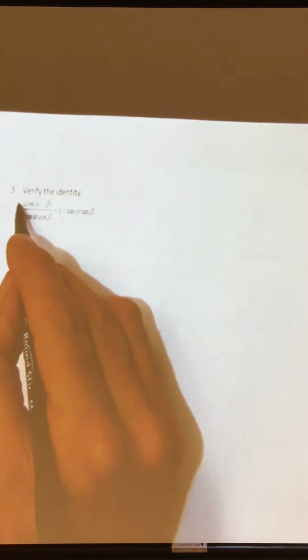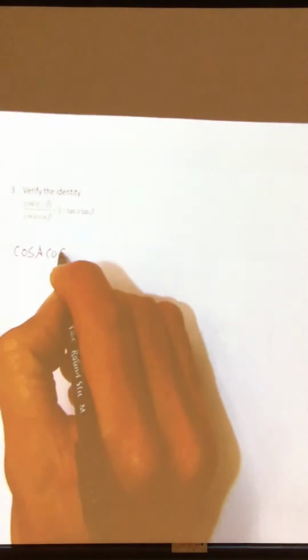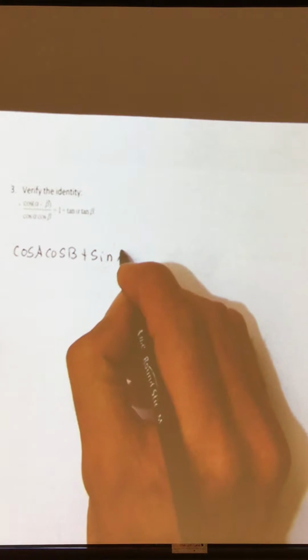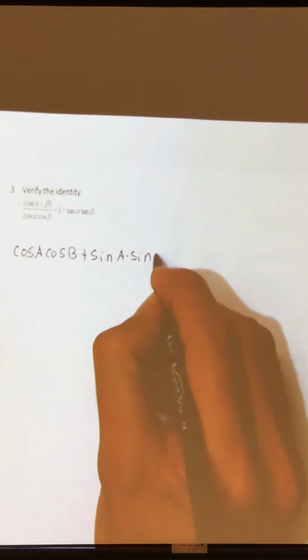Okay, now we're asked to prove an identity for problem number 3. That the cosine of the difference of A minus B divided by the cosine of angle A times the cosine of B is equal to the quantity on the right. So I will use my expansion identity here for the numerator and write cosine of the first times cosine of the second angle plus the sine of the first angle times the sine of the second angle.